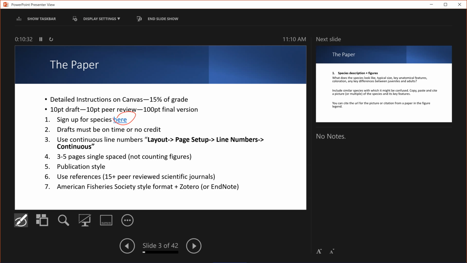In your citation style, you want to use the American Fisheries Society style format. You can get a link for that on the assignment page in Canvas. There's a link for that format, and you can review it. Or you could go to John's Hot Tips and figure out how to use Zotero, which is an open source citation manager that I use for keeping track of all my thousands and thousands of references.